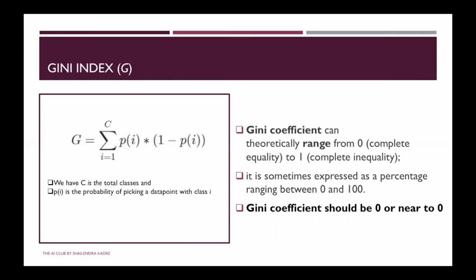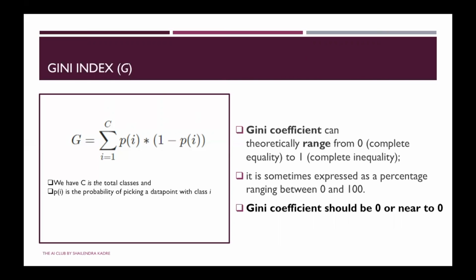Now, apart from entropy and information gain, there is one more parameter which can be used to decide which features to be considered for splitting, which is called the Gini Index. So we can use either Gini Index or information gain. Either can be used to find the features.